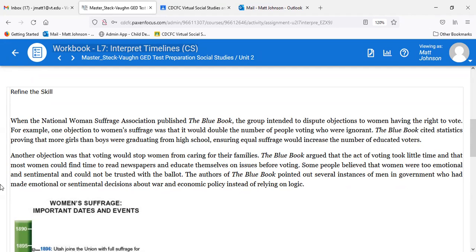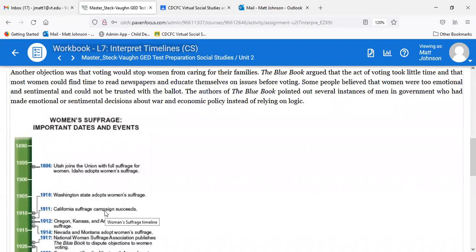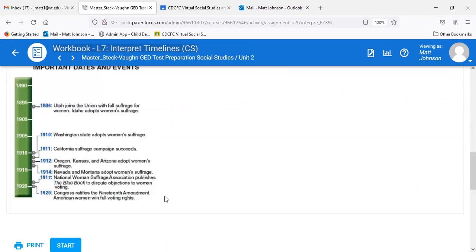The irony there that no, it's not going to be more ignorant people. These people are actually graduating high school, or they're getting a longer education. So that was one of the things that really helped promote the women's suffrage movement.